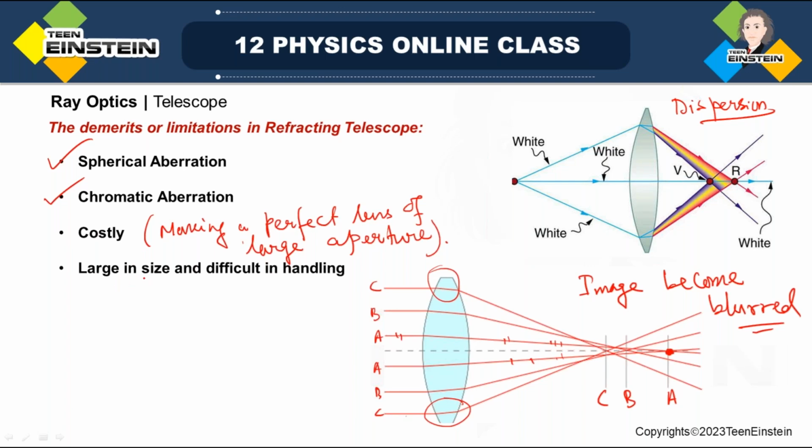So making a large objective lens, the objective is large in size. Hence the telescope itself will be of very large size and also heavy. When your lens is very large, it will be very heavy, and you have to actually hold it mechanically. So to hold the lens mechanically is becoming difficult as well.